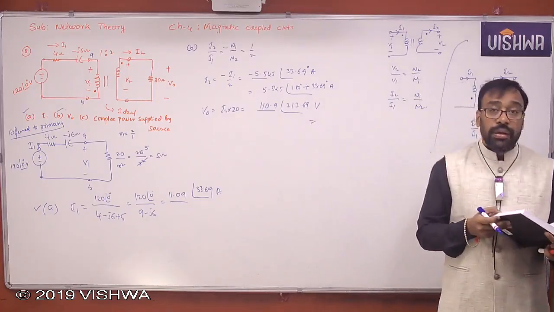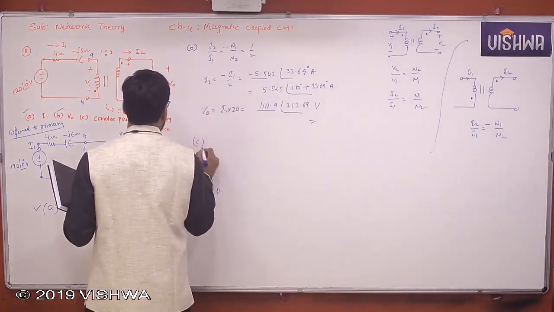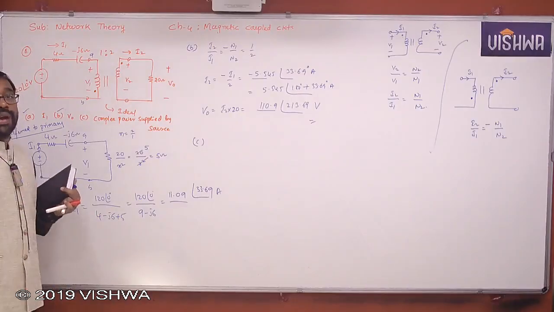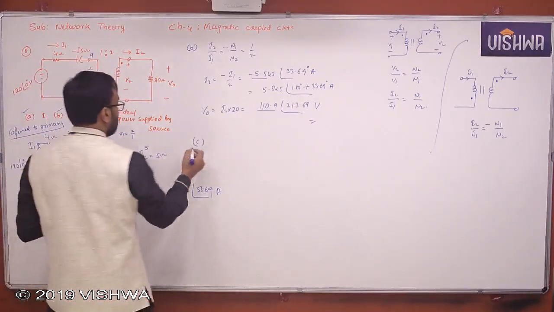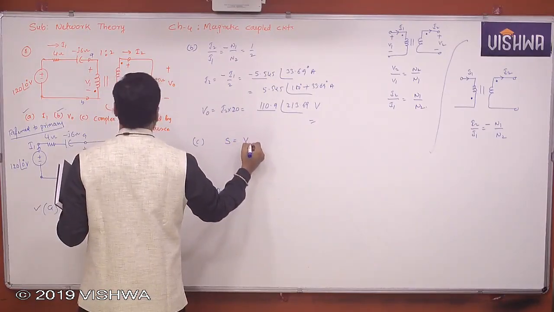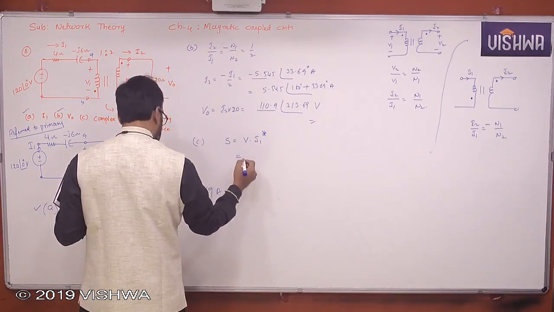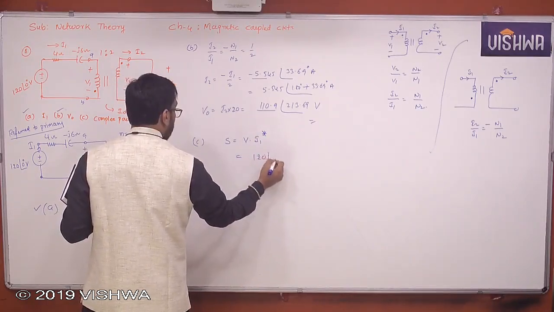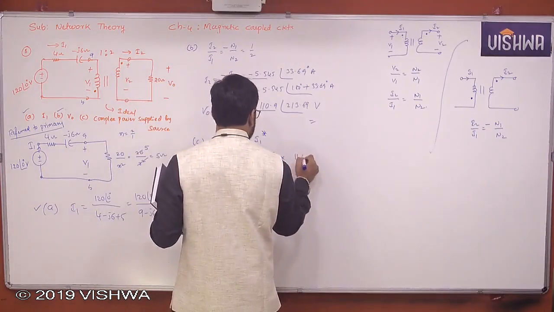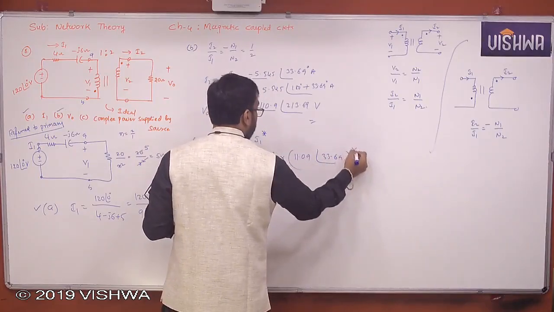But what about the complex power? See, in the exam you will be asked only one question. I'm just trying to give you many things here for your practice sake. So what is S? S is equal to V into I1 conjugate. What is V? 120 at an angle of 0 into what is I1? Tell me all of you. 11.09 at an angle of 33.69 conjugate.